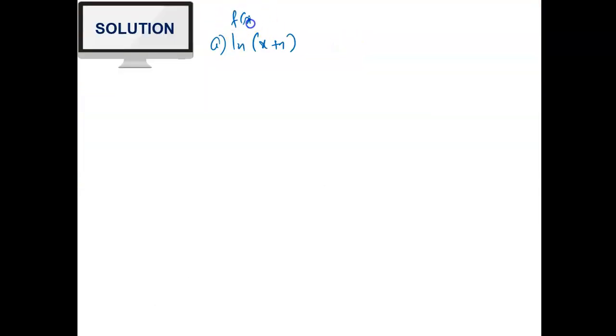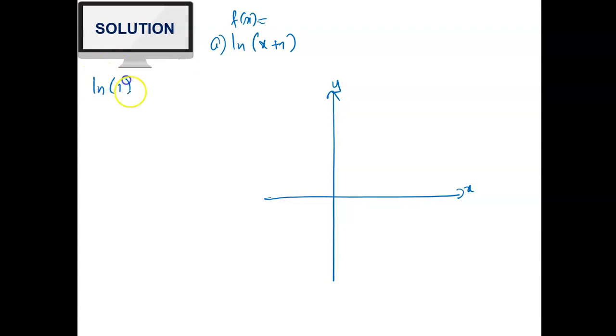Okay, f(x) equal to ln(x + 1). Again, our reference here: natural log of 1 equal to 0, and natural log of 0 is undefined.